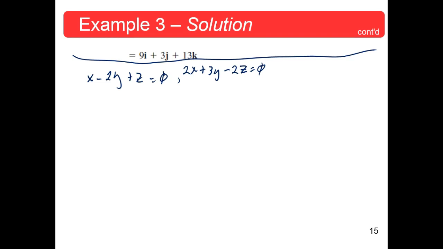Remember, it would have been 1 times your x minus x1, minus 2 times your y minus y1, and plus 1 times your z minus z1, okay? But that adds to 0. So what does that mean? That initial point is 0, 0, 0 for both of these. In other words, both of these go through the origin.